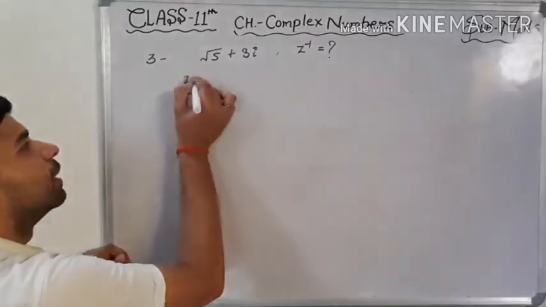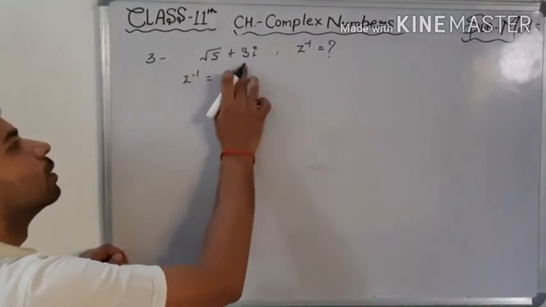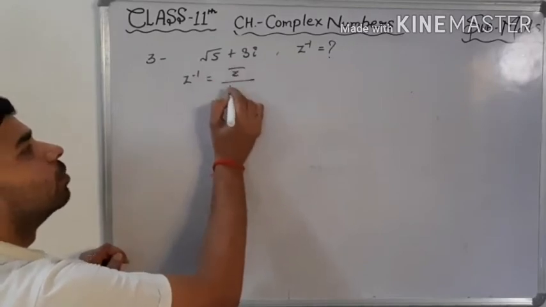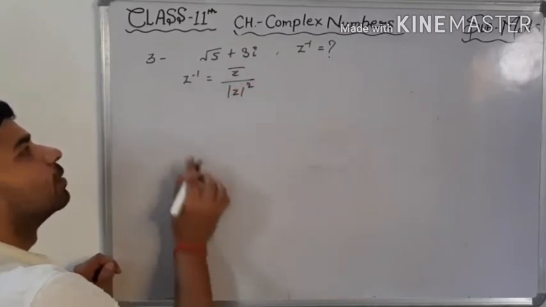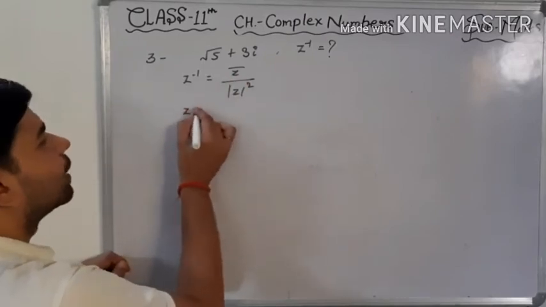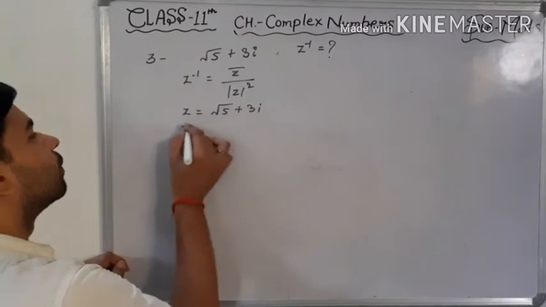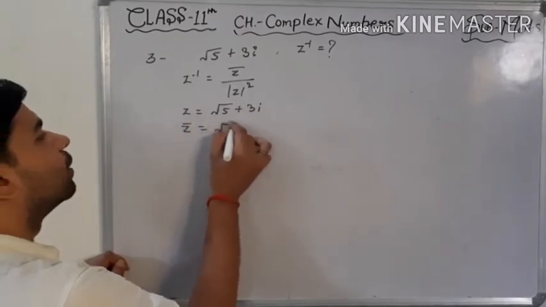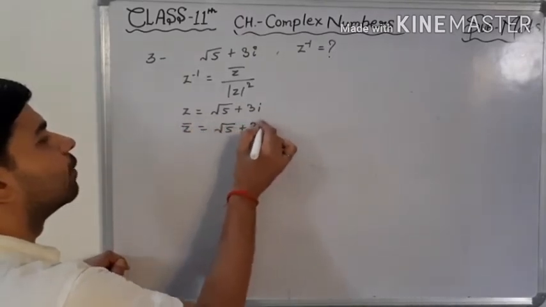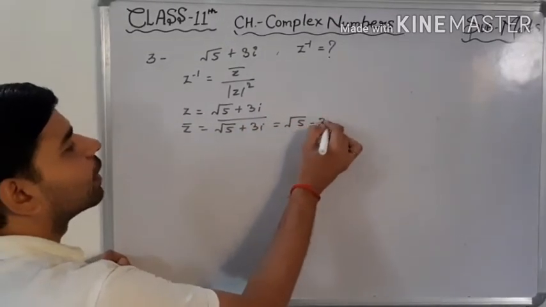We know that z inverse is equals to conjugate of z upon mod of z whole square. So first we will find conjugate of z. Z is equals to under root 5 plus 3i. Therefore conjugate of z equal conjugate of under root 5 plus 3i equal under root 5 minus 3i.